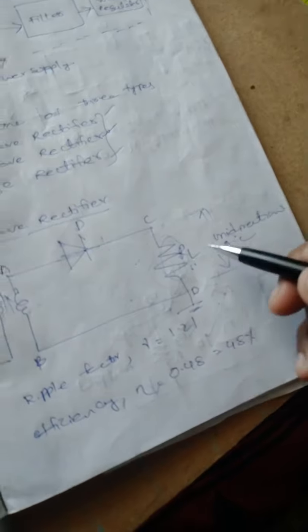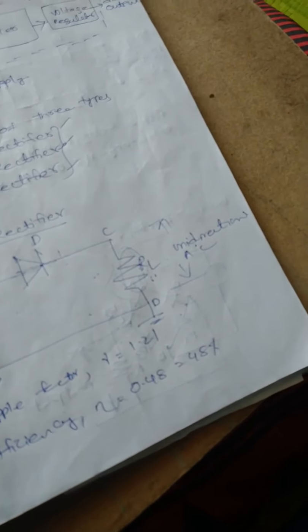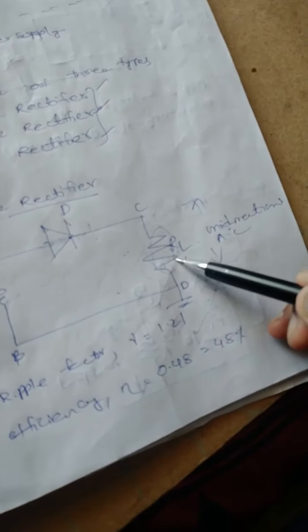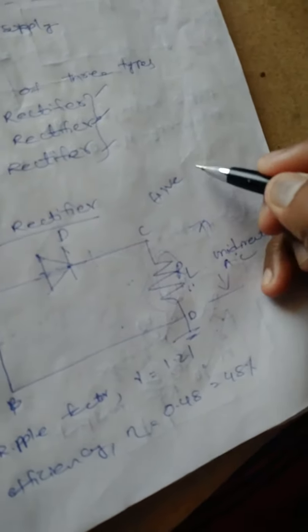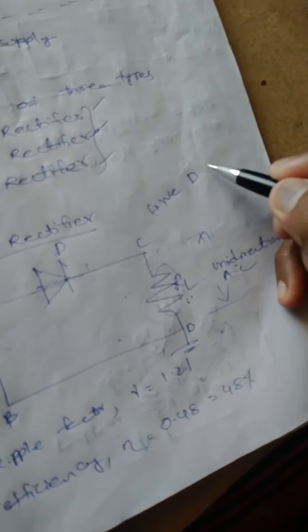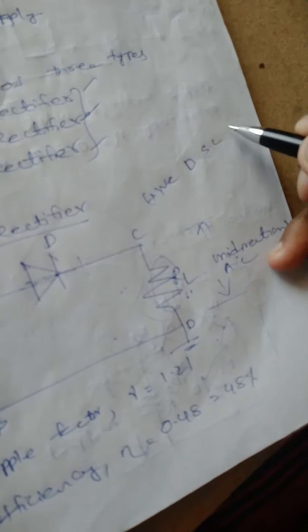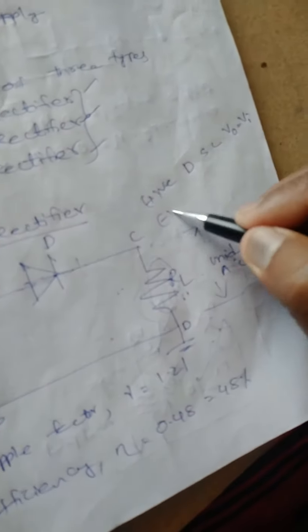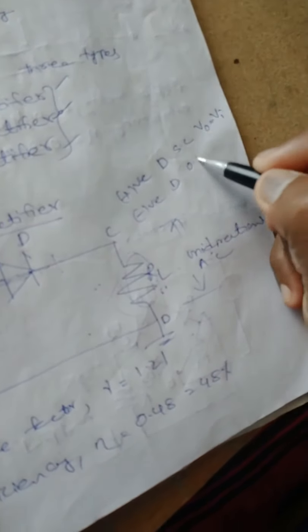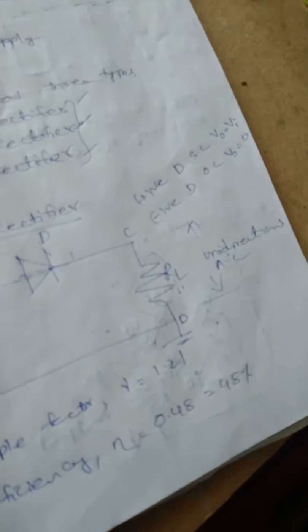Is there any voltage developed across here? No, there is no current flowing in the circuit. There is no voltage. Hence, for positive half cycles, the diode is short circuit, Vout equals Vi. For negative half cycles, D is open circuit, Vout equals 0.